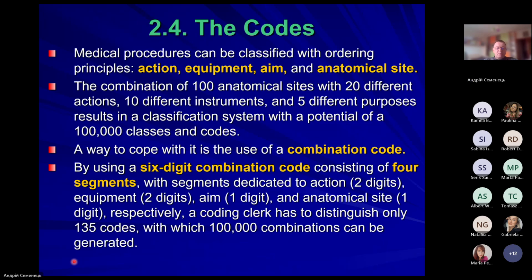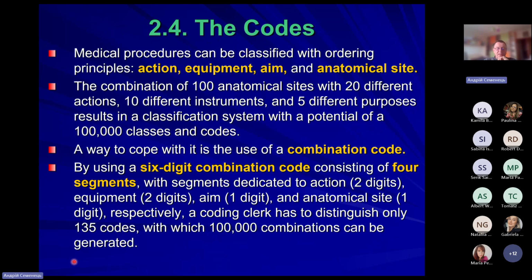So it's an extremely complicated, extremely large classification system. Barely, it's hard to imagine that someone will be capable to memorize all these codes and manage them. And even storing such records is not easy.